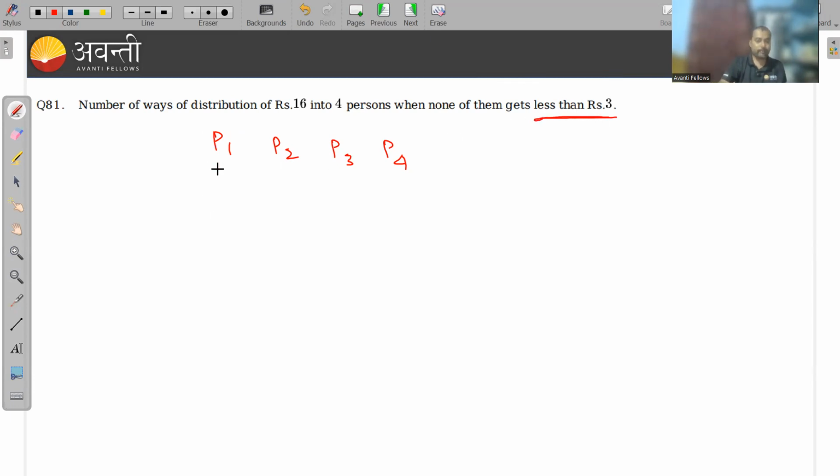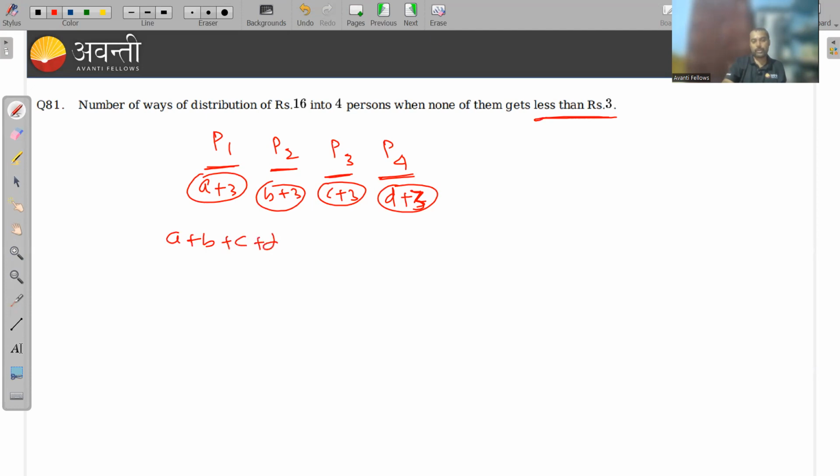That means if P1 is having A plus 3, P2 B plus 3 I am taking, P3 C plus 3 rupees and P4 D plus 3 rupees के पास है ना। अच्छा, तो मैं अगर ये सारे अमाउंट को ऐड कर दूं तो मुझे क्या मिलेगा, A प्लस B प्लस C प्लस D plus 12 is equal to 16.